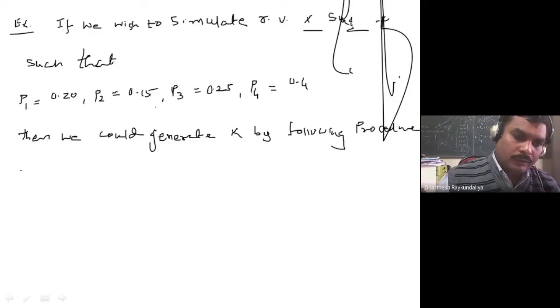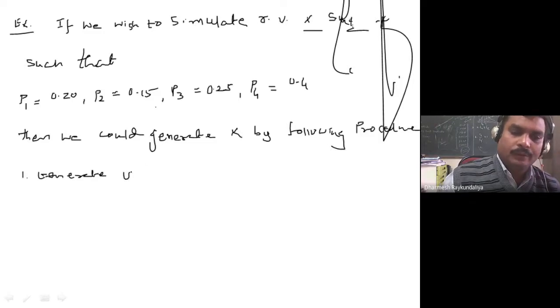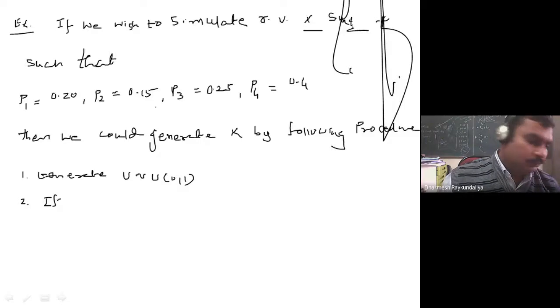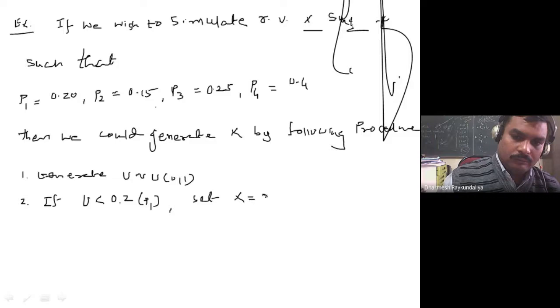So first step, generate u from uniform 0 1. Second, if u is less than 0.2, okay, that is the p1, then set x equal to 1 and stop.